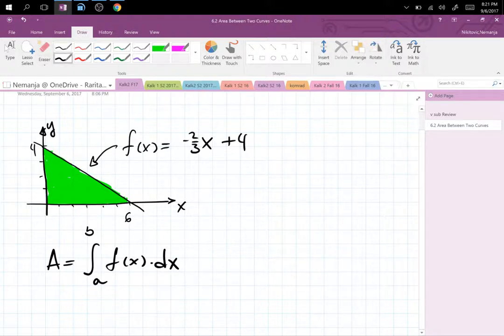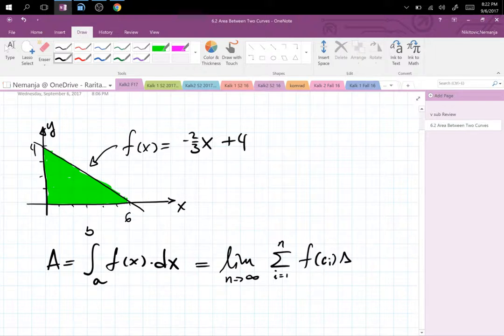And if you remember Riemann sums, the definition of the definite integral, it was the limit as n went to infinity, summation i goes from 1 to n of f of ci delta x. Well, this delta x and dx are the same thing. You learned that in differentials somewhere in chapter 3 or 4, whatever.